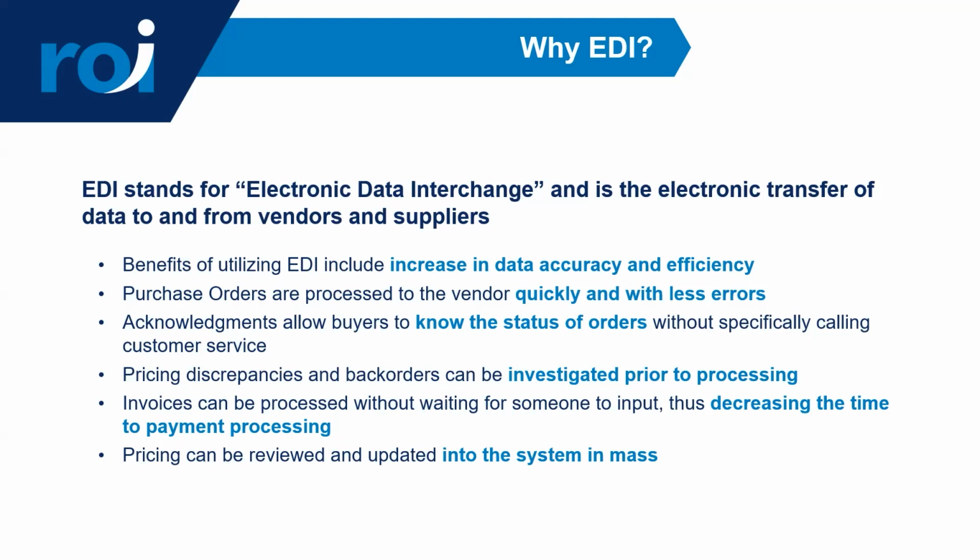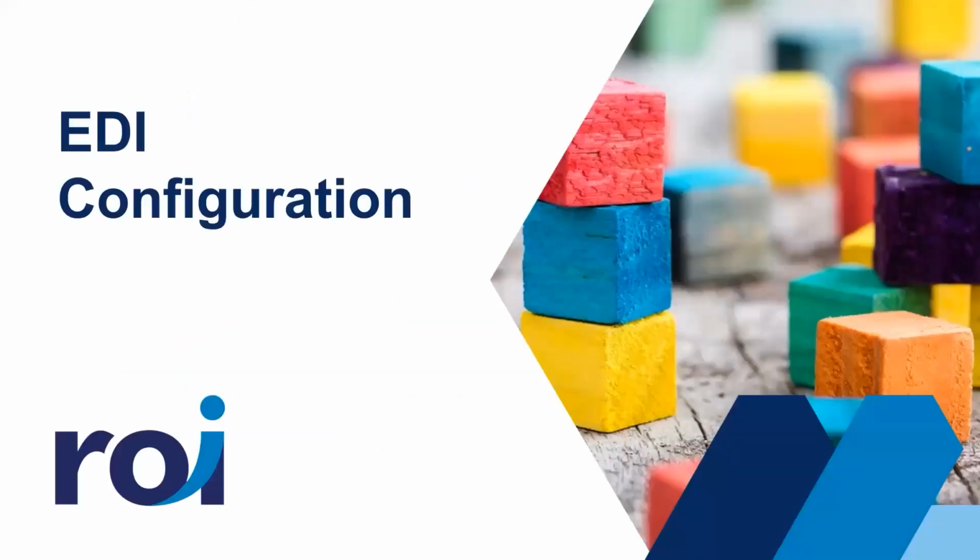You're not waiting for the packing slip to arrive to find out something's on back order. You're not waiting for the invoice to arrive in order to validate a pricing discrepancy. You're able to increase your efficiency through managing your time better by taking away some of those minor tasks and that sending information.